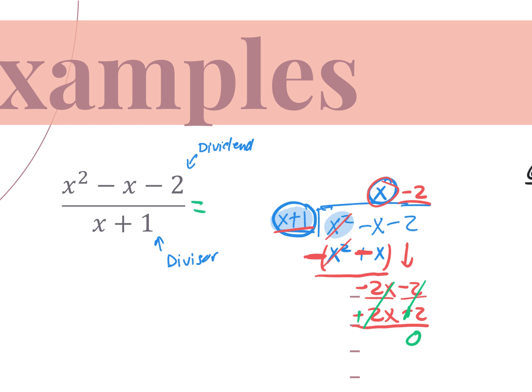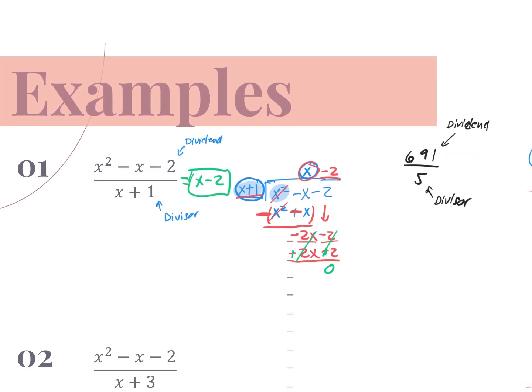So when you divide, this is going to equal x minus 2. So that's the process for long division. Again, if you haven't seen it before, which many of you haven't, it is a little strange, but the more you do it, the easier it gets.